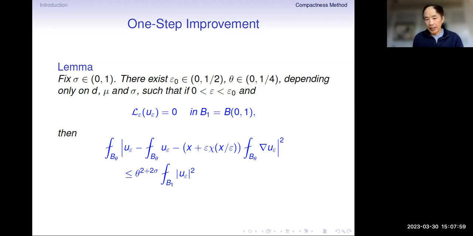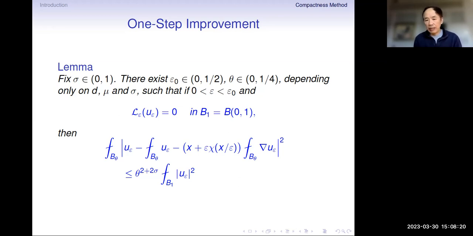That is the average over B theta of U epsilon minus its average, then minus this term which involves the corrector chi. So chi is the corrector associated with L epsilon.